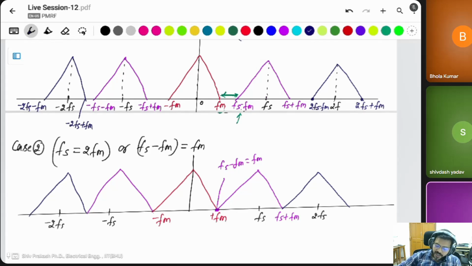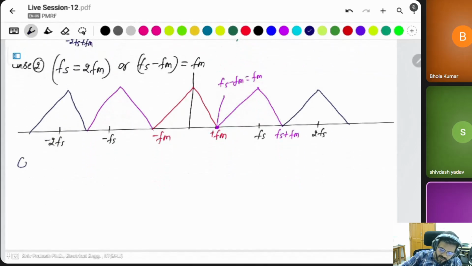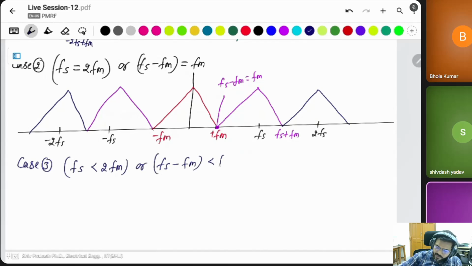But what happens if the sampling frequency is less than twice the original signal frequency? Case number three: Fs is less than 2Fm, or you can say Fs minus Fm is less than Fm.